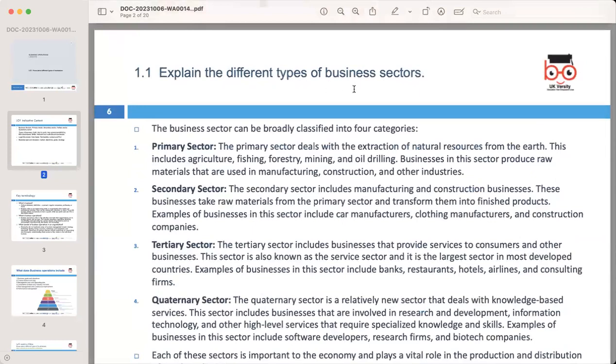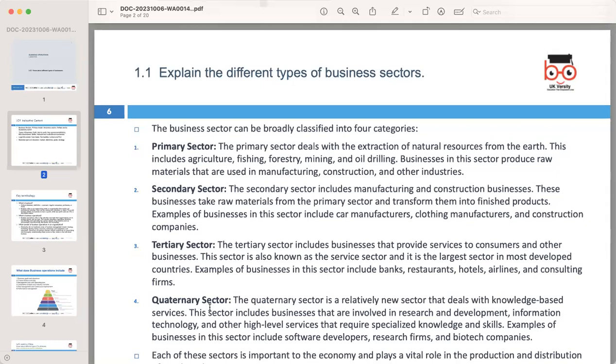The business sectors can be broadly classified into four categories: primary sector, secondary sector, tertiary sector, and quaternary sector. Across the globe, thousands of diverse jobs contribute to the complexity of the modern global economy.